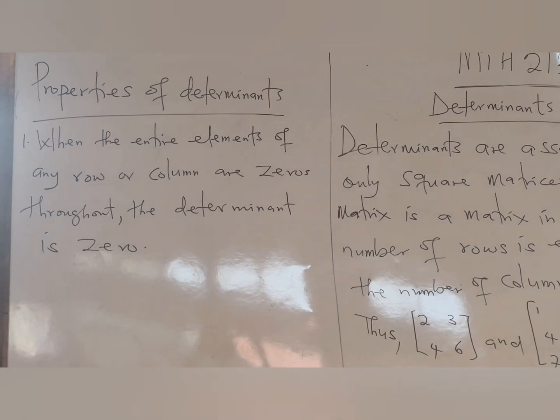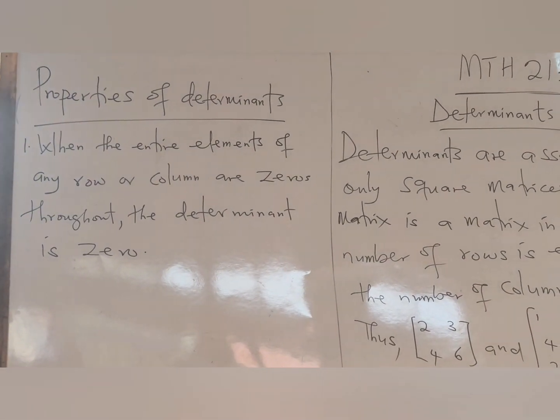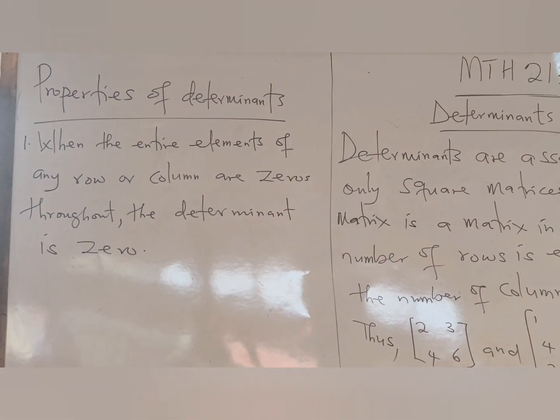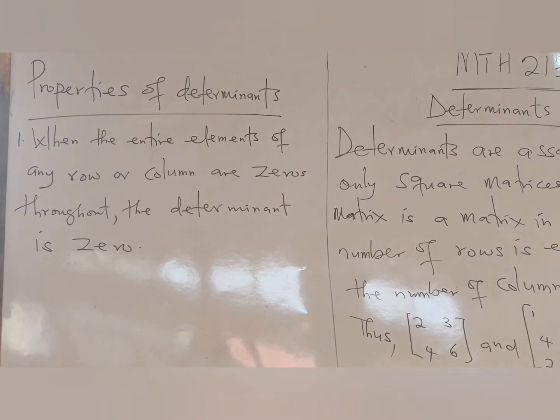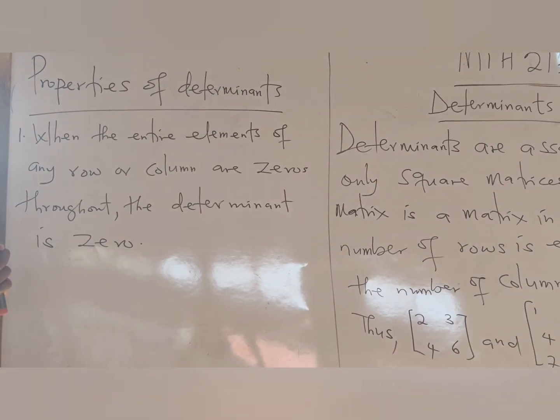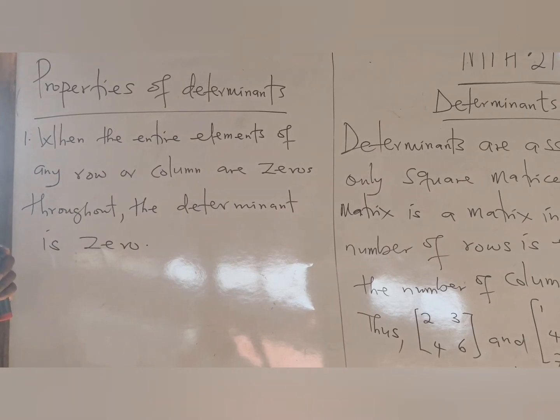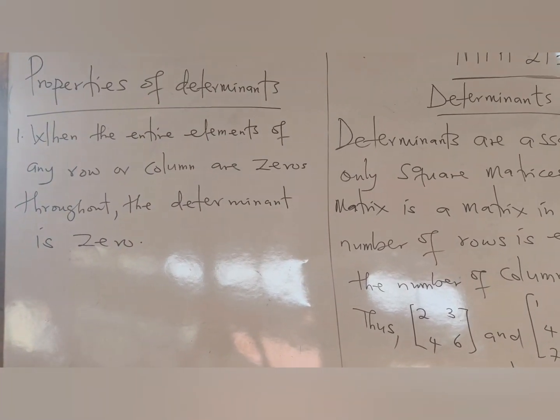Full stop. If the entire elements of any row or column are zeros throughout, the determinant is 0.